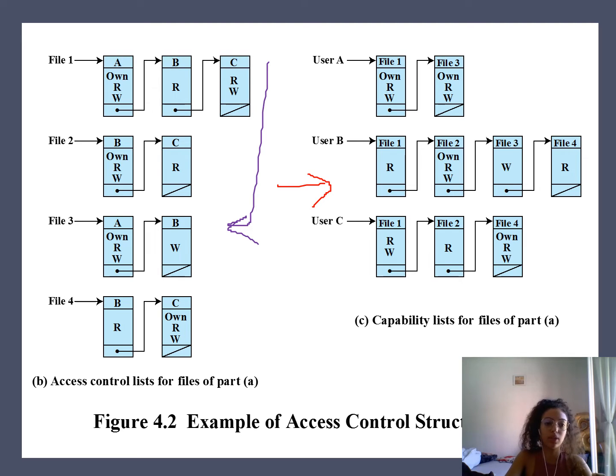The convenient and inconvenient access aspects of capability tickets are the opposite of those for ACLs. It's easy to determine the set of access rights that a given user has, but more difficult to determine the list of users with specific access rights for a specific resource.